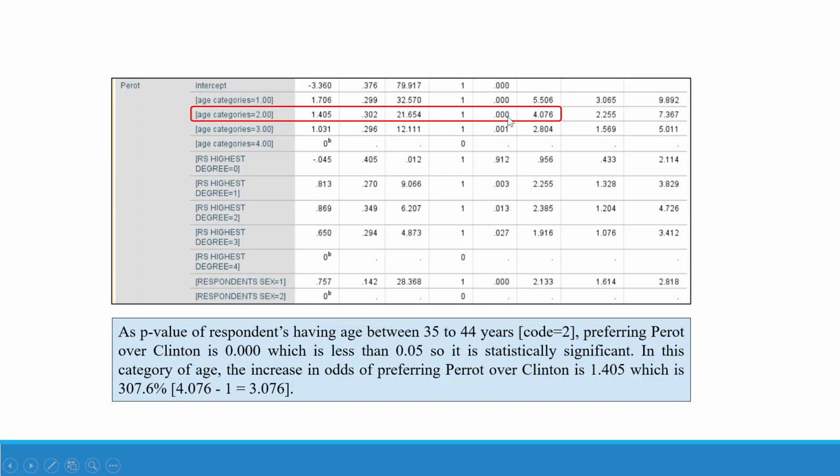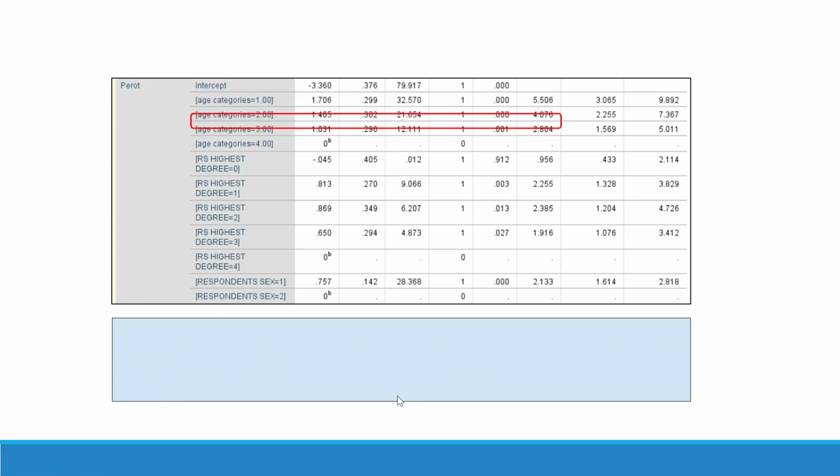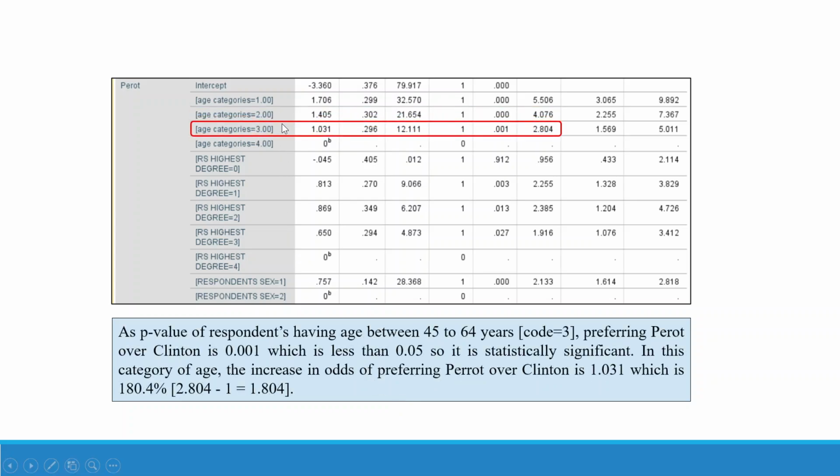It is less than 0.05, so it is statistically significant. In this category of age, the increase in odds of preferring Perot over Clinton is 1.405, which is 4.076 minus 1, which is 307.6%, quite high. Age category 3.